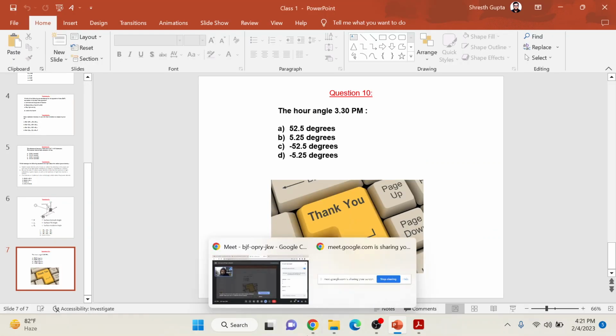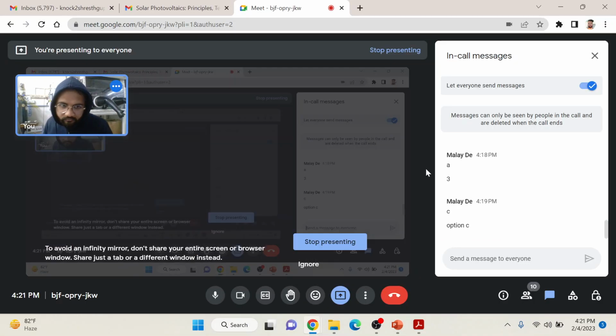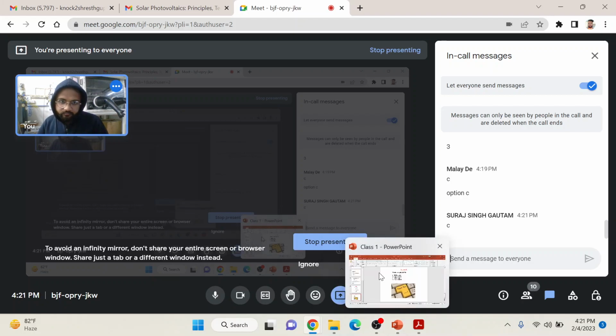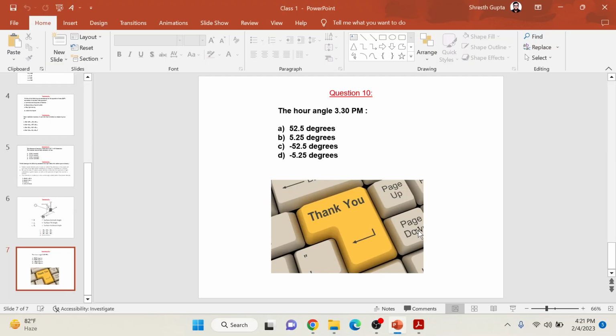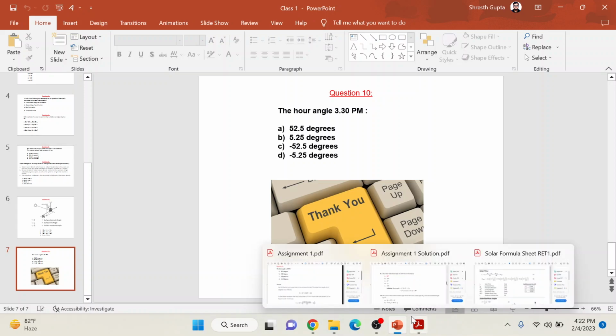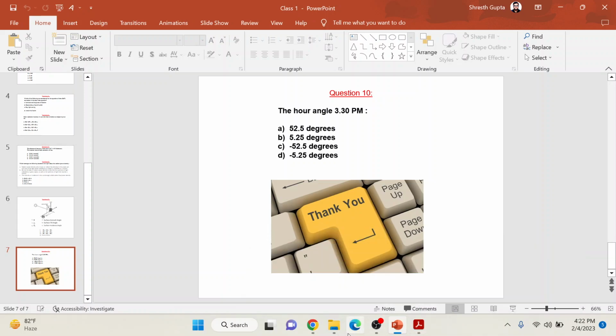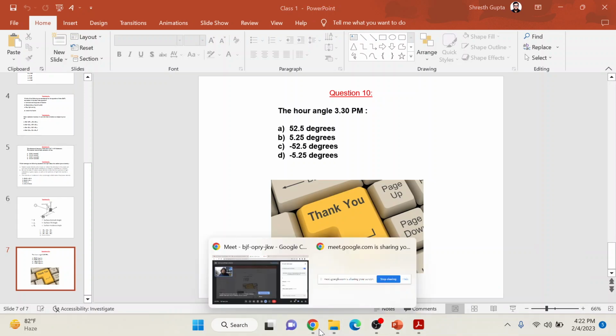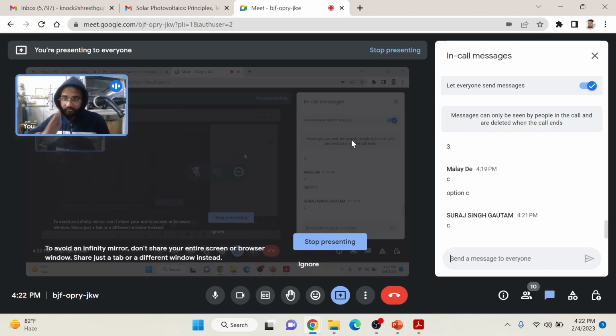Anyone? Can you solve this question? Sudas is saying C, minus 52.5 degrees. Plus 52.5, I think. Okay. I have not told that, like I have mentioned it's PM, 3:30 p.m., not 3:30 a.m. Right?